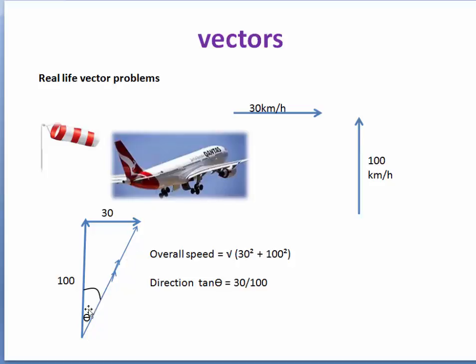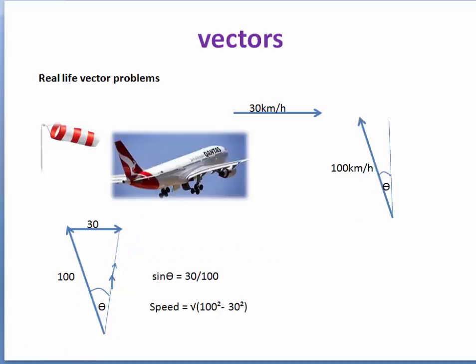The direction of the landing is going to be shifted as such, as shown in this vector diagram. So we can use Pythagoras to work out the overall speed. So the overall speed using Pythagoras will be square root of 30 squared plus 100 squared. And the direction, tan theta, so tan is opposite, which is 30, over adjacent, which is 100.